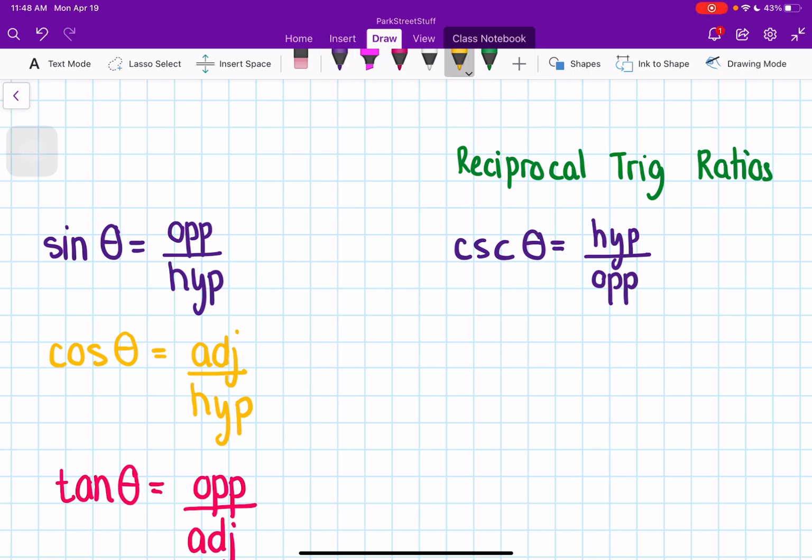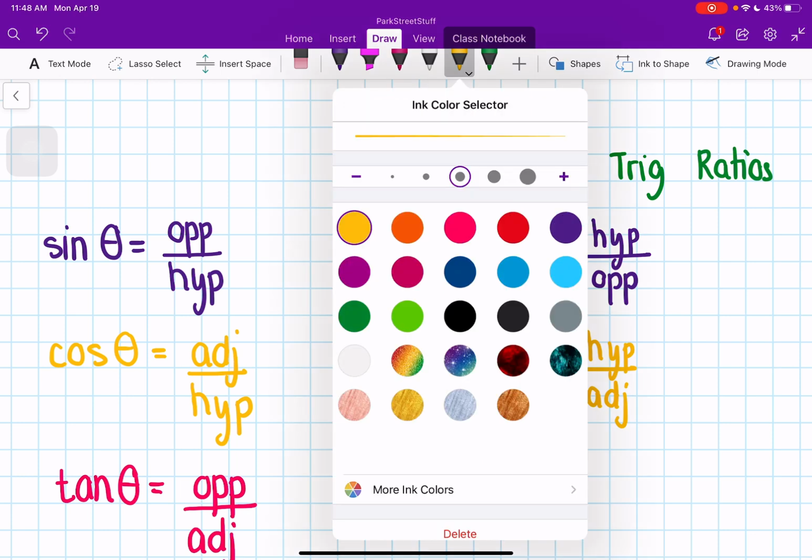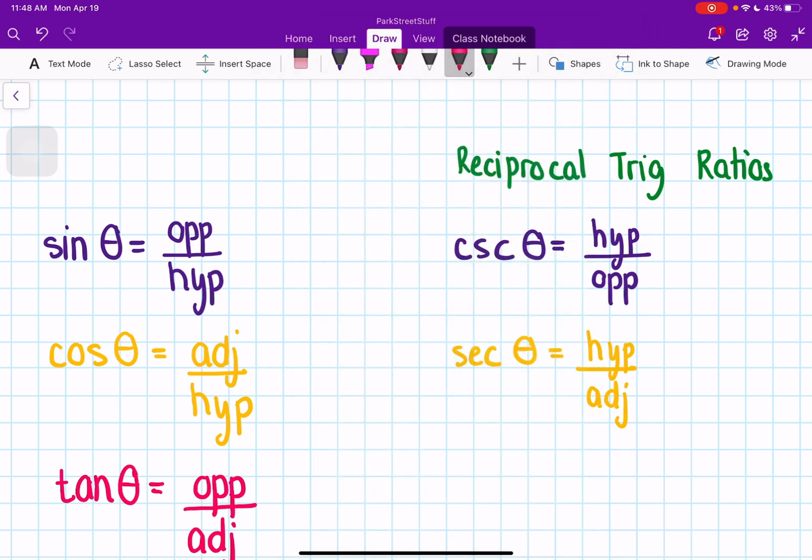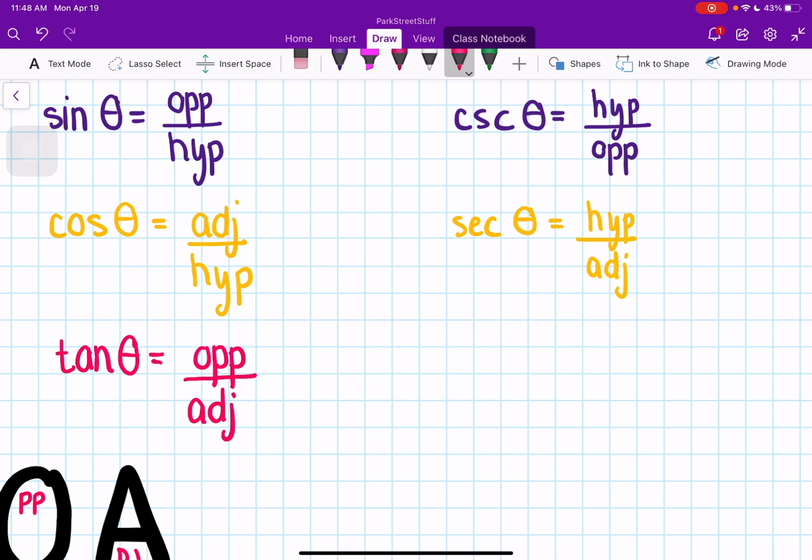Okay, and then if we have cosine, then cosine's reciprocal is actually called secant. And so we flip that around and that becomes hypotenuse over adjacent. And our last one is tan, and tan's reciprocal is cotangent. And that one, if we take the reciprocal, is adjacent over opposite.